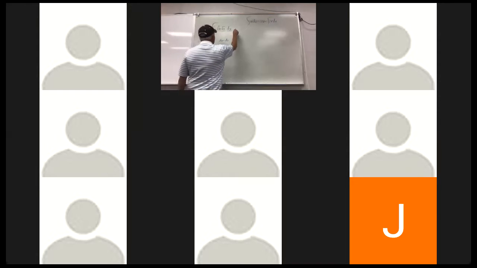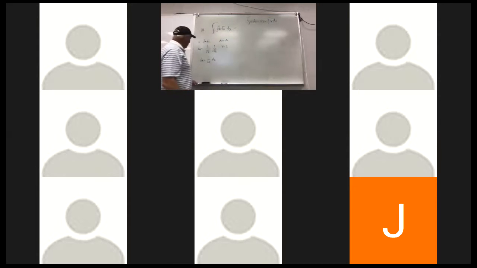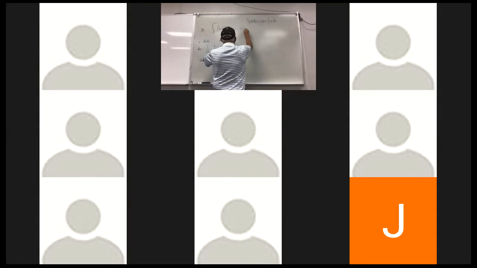So when we write this answer, it's going to be u times v. So it's going to be this number times this number, minus the antiderivative of this number times this number. So it's going to be x times 1 over 2x.